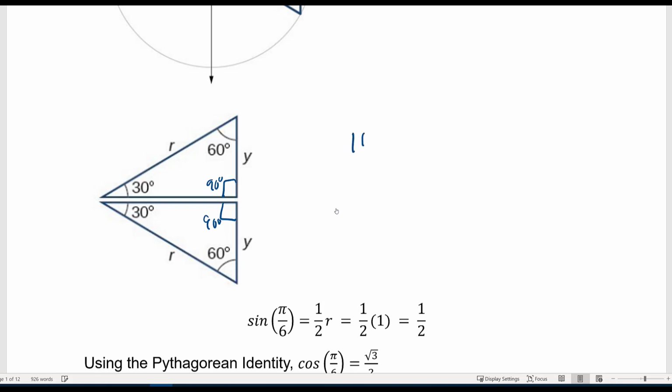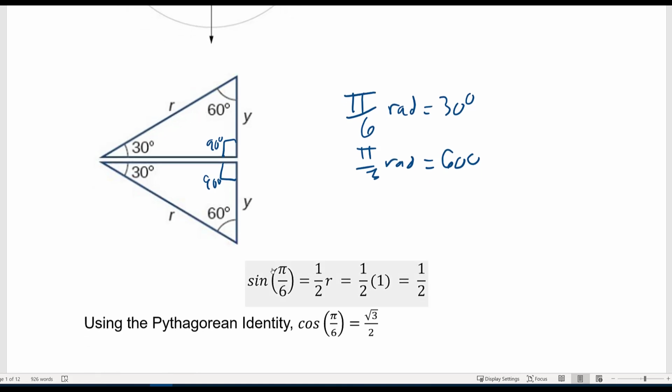By the way, pi over 6 radians is 30 degrees, and pi over 3 radians is 60 degrees. So sine of pi over 6, or sine of 30, is 1/2 r. So it's half of this, 1/2 of 1, so it's 1/2.